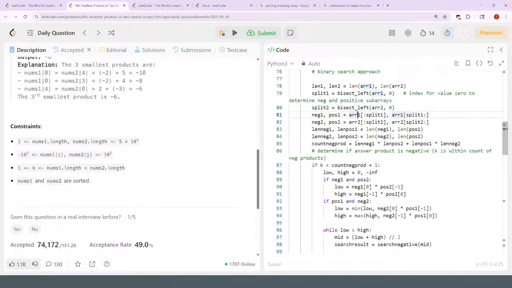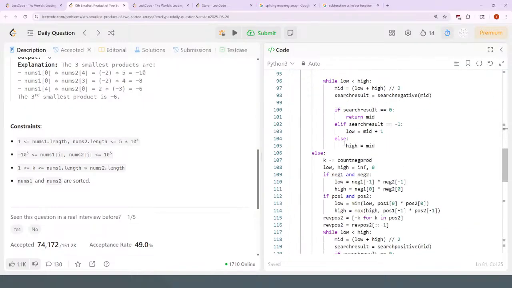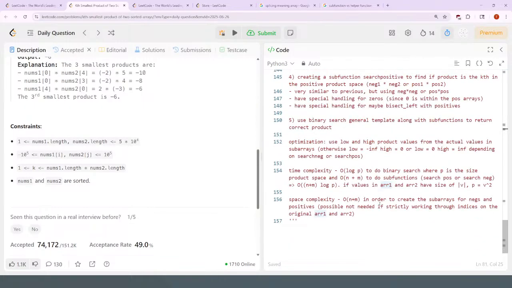It's just a lot easier to do with the logic there.